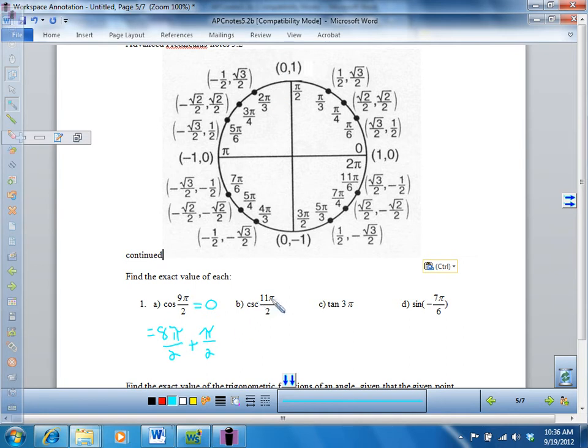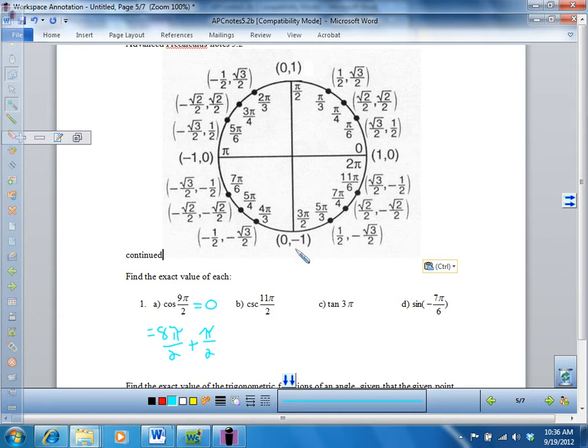So where would 11 pi over 2 be? 9 pi over 2, 10 pi over 2, 11 pi over 2, right? So 0, negative 1. Cosecant is the reciprocal of sine.